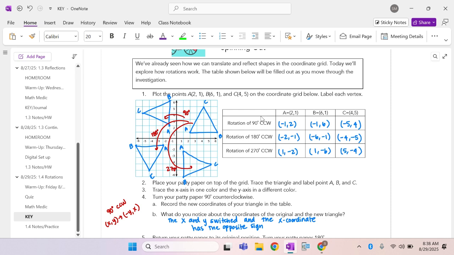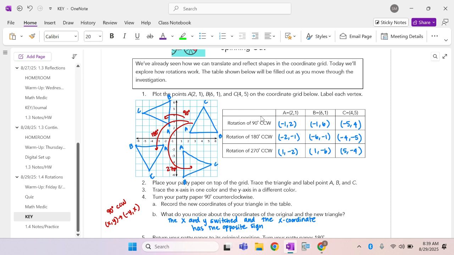Doesn't that fit quadrant 4's specifications for points? Yes. So what I always say, because these rules will hold true regardless, I always think about it in terms of going from quadrant 1, quadrant 2, quadrant 3, quadrant 4. Regardless of what quadrant you start with, these rules reign true.